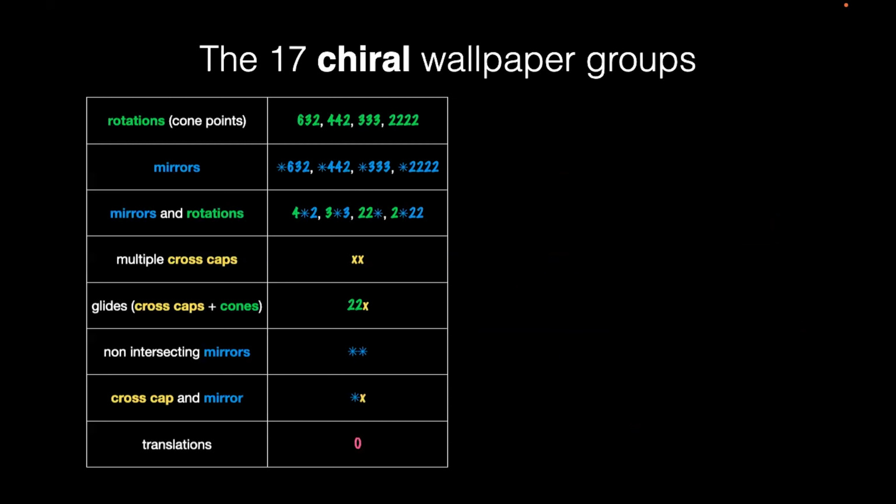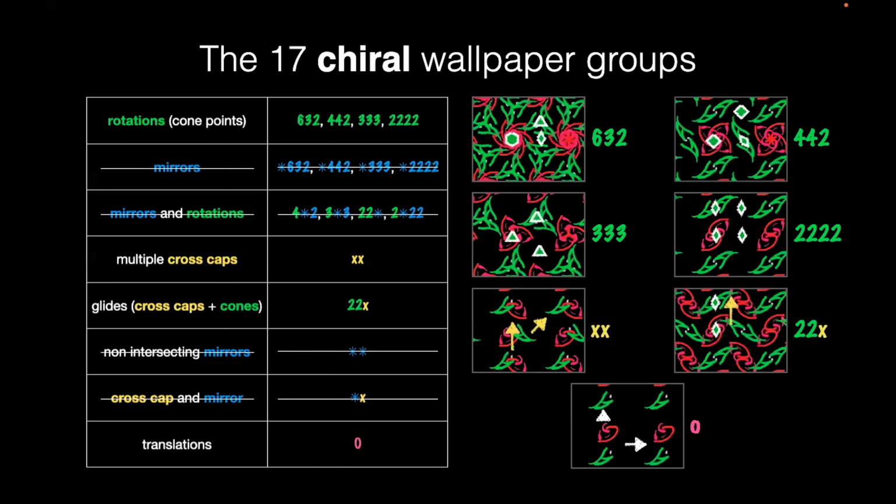So here I have things that have rotations, cross caps, glides and cross caps, and translations, and everything else is going to be achiral. So that means that I have a total of 7. Oh, sorry, that's supposed to be 7, not 17. So I have 7 chiral wallpaper groups left over, and this is what those are.